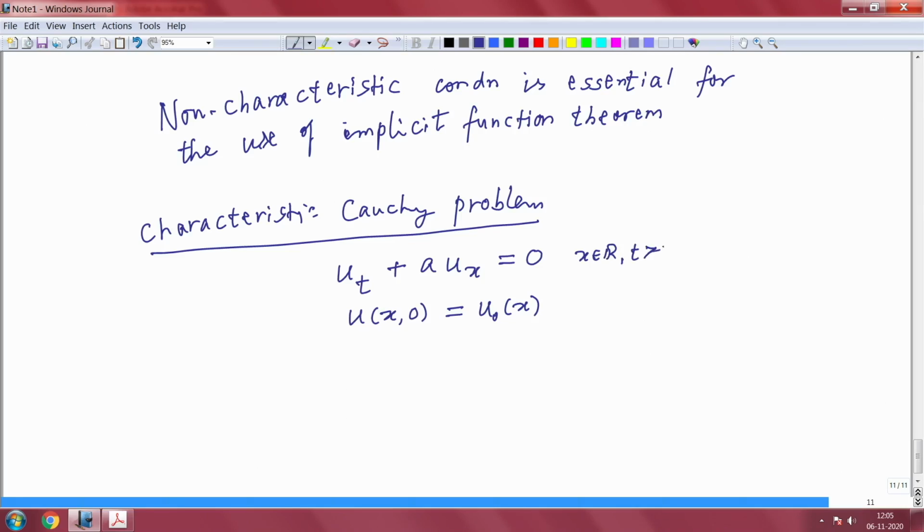So, this is the simple transport equation, and the solution is u0 of x minus at, u(x,t).